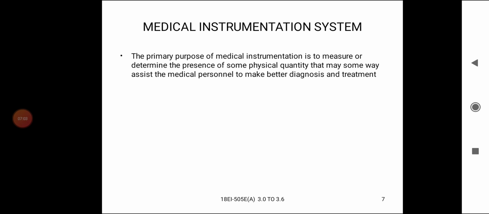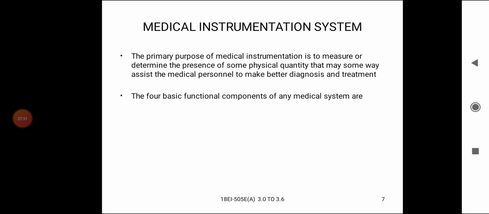Medical instrumentation system. The primary purpose of medical instrumentation is to measure or determine the presence of some physical quantity that may in some way assist medical personnel to make better diagnosis and treatment.